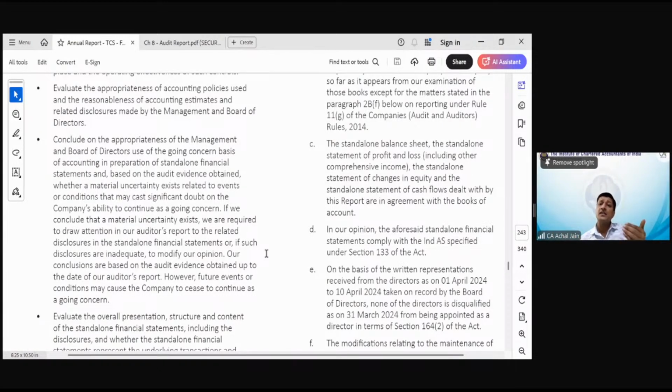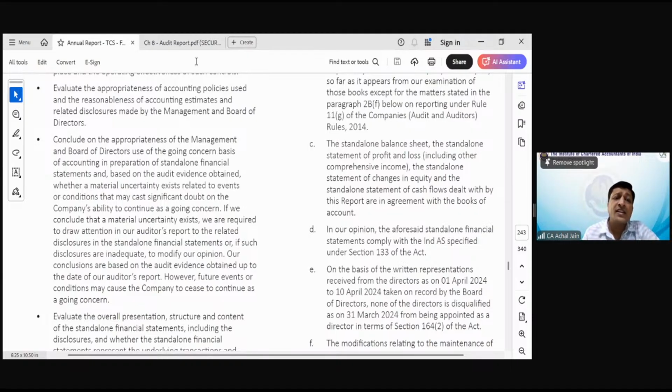And once that is done, somebody will have to review that, evaluate that. That is what auditor is saying here. Now, all of these things, you will find that these pointers were there in management responsibility also. But the role and responsibility is different. Over here, it's about checking. In case of management, it's about preparation.